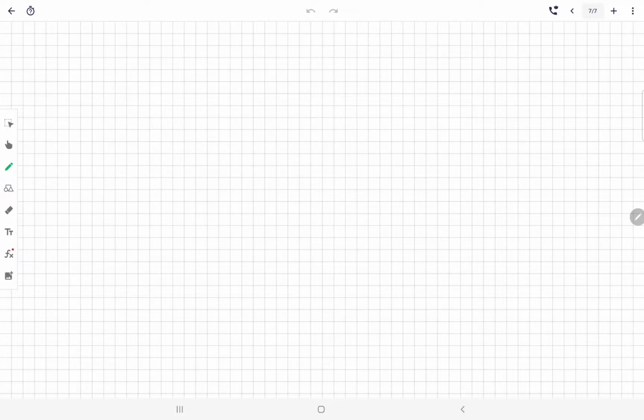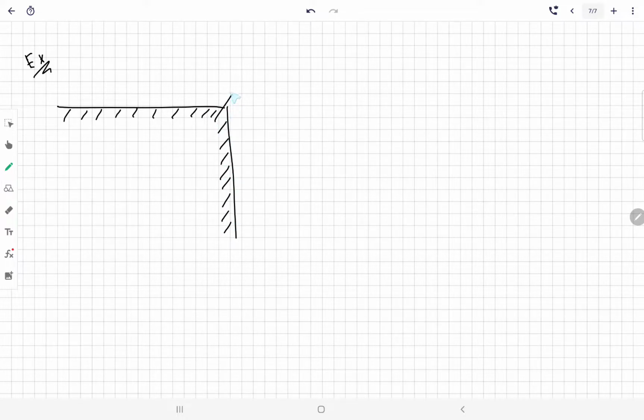Now let's solve some problems related to the friction force. Example. We have this kind of table. Here we have a pulley which can rotate freely.